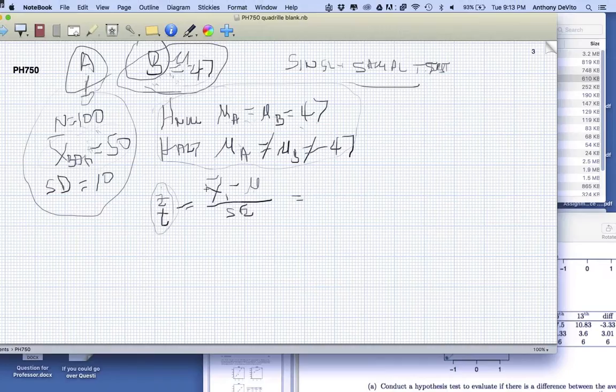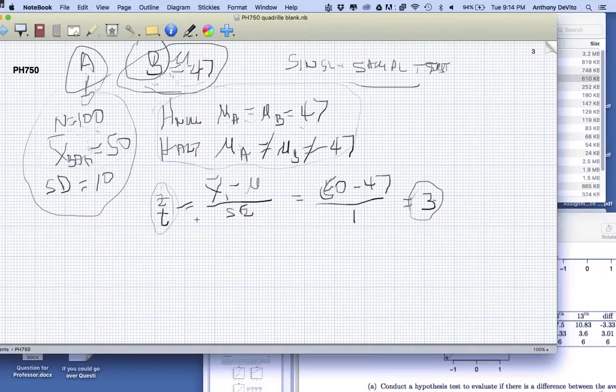And what is that? That's 50 minus 47 over the standard error, which we said before, the standard deviation is 10, divided by the square root of the sample size 100, which is 10, is equal to 1. So that's equal to 3. There are 3 standard errors apart, or 3 z-scores apart, or 3 t-scores apart.